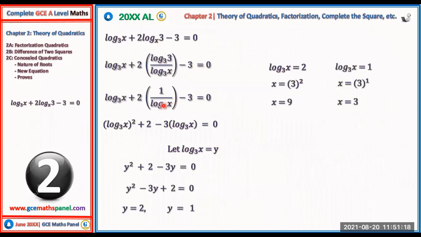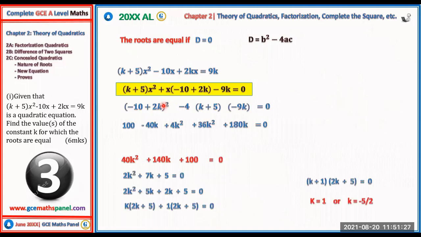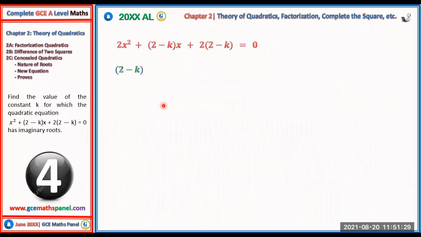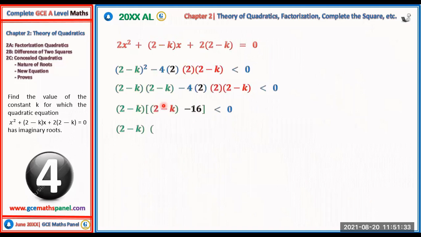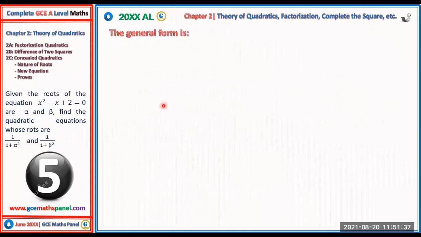Given that the roots of the equation x squared minus x plus 2 equal to 0 are alpha and beta, find a quadratic equation whose roots are 1 over 1 plus alpha squared and 1 over 1 plus beta squared. All right, we are searching. This is it.